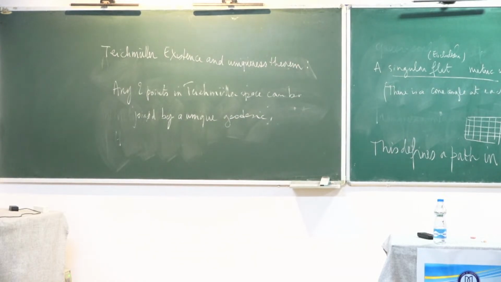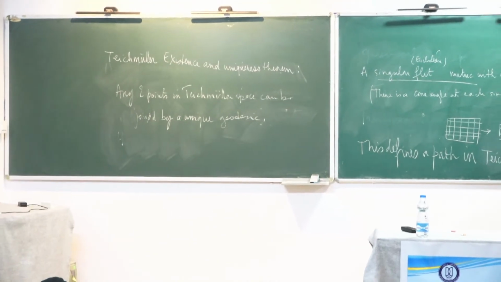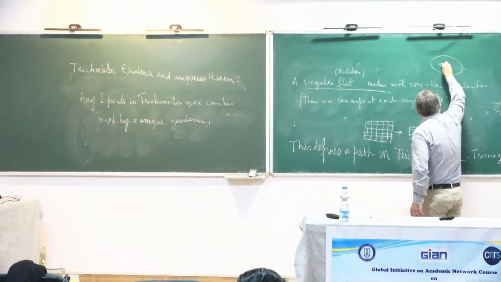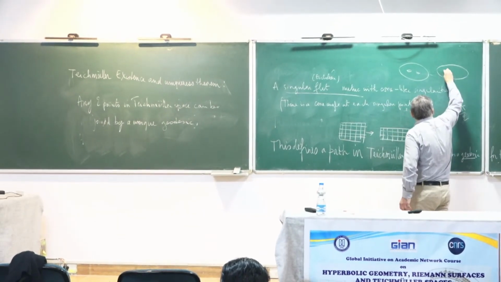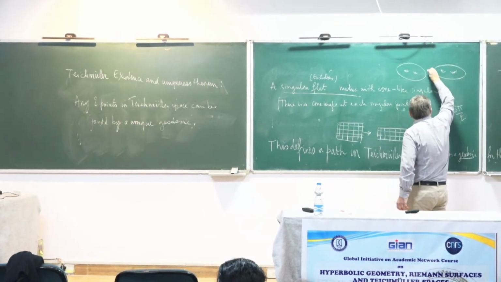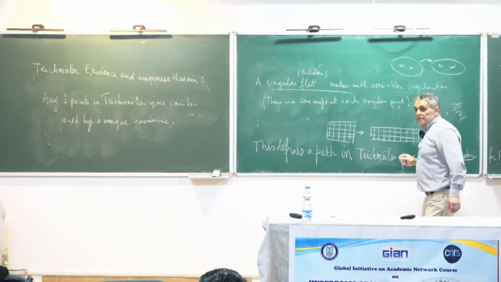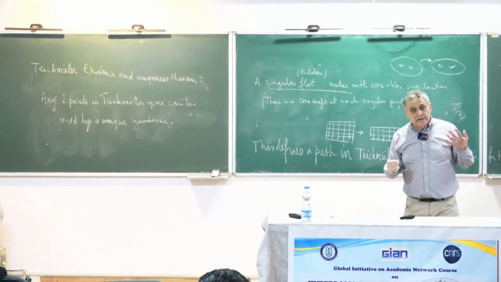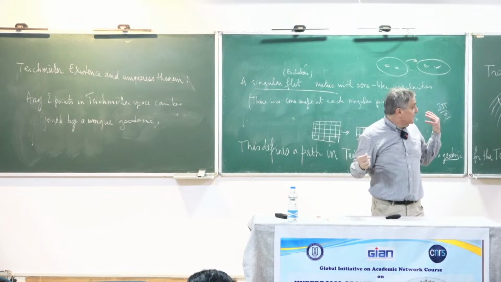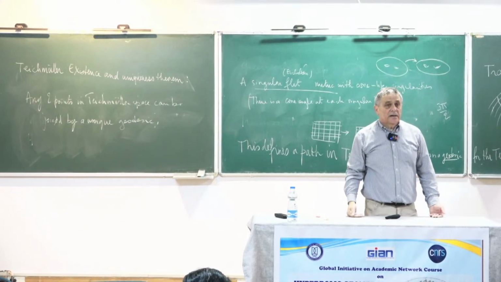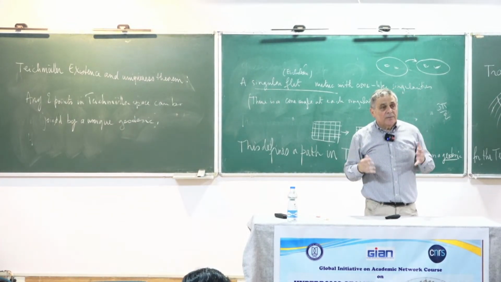I mean, it is understood here that for any two, so you remember, the Teichmüller space is a distance between two surfaces, and these two surfaces in this setting are complex surfaces.